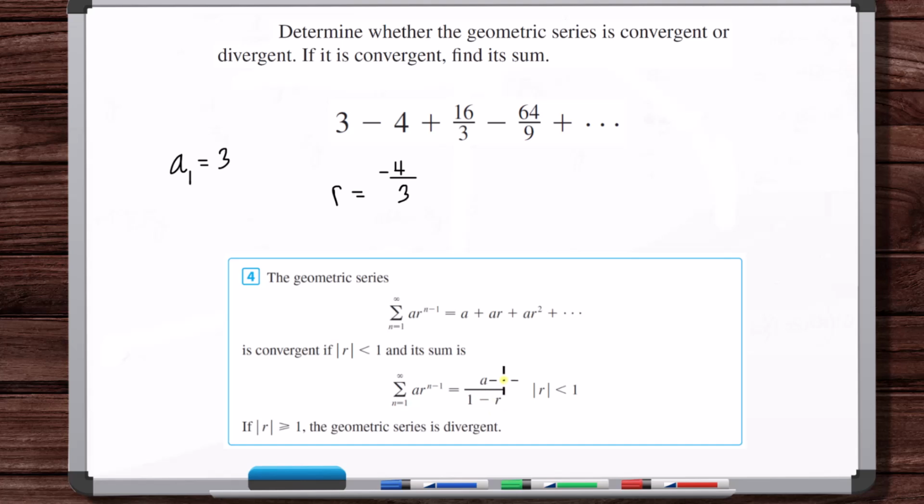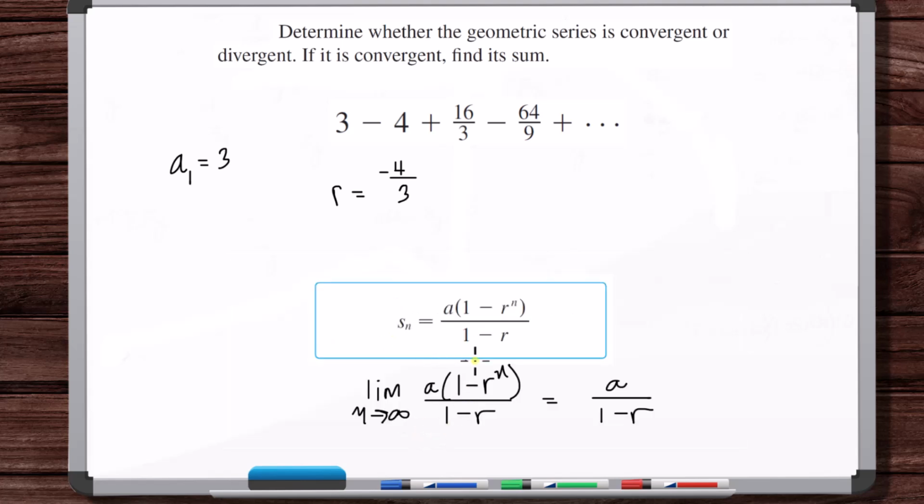Regardless, the infinite sum, if the absolute value of the common ratio is less than 1, is equal to the first term over 1 minus the common ratio. And the partial sum is equal to this, which we derived in that geometric sequence overview video. But we didn't take the limit of it as n goes to infinity, and so we're doing that here.